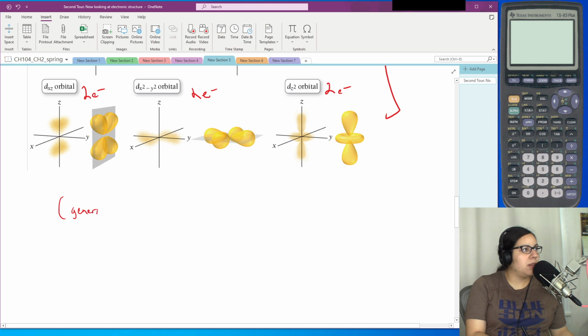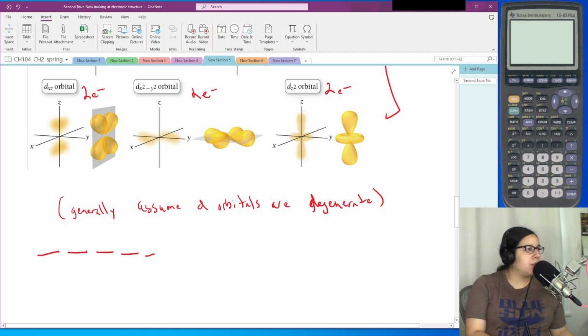So I'll just put: generally assume d orbitals are degenerate. So this is kind of like the Gen Chem approach. In Gen Chem, we would find that these are all our d orbitals at the same energy level.